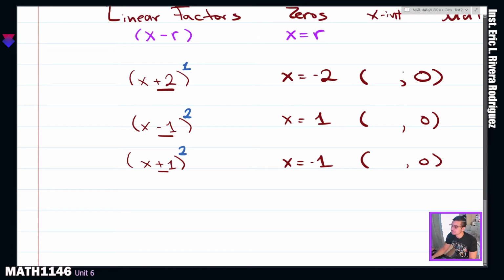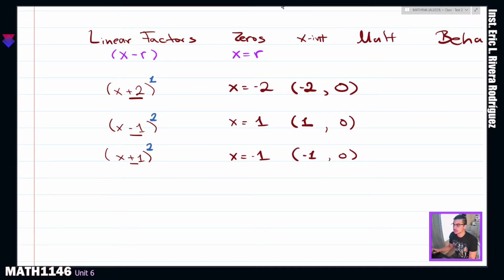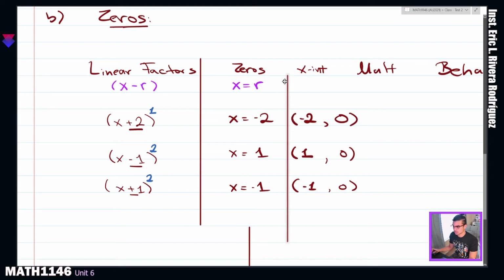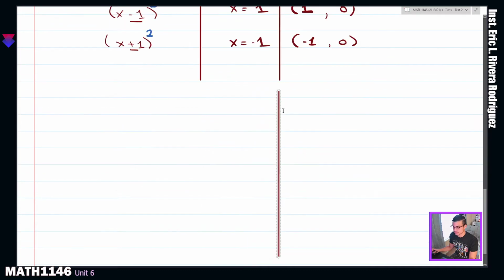Okay? So we just take these values, which are -2, 1, -1.